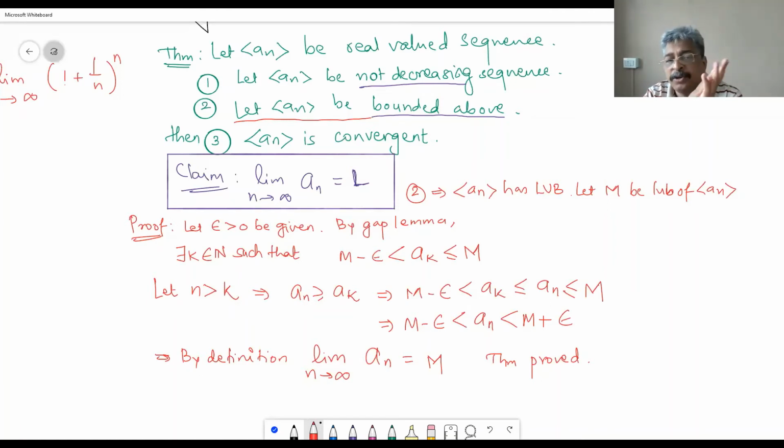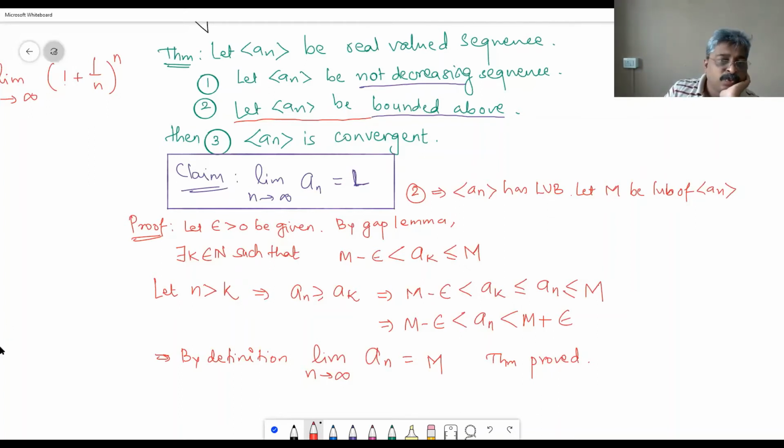That is what we wanted to prove when we said limit n tends to infinity of an is equal to M. So this is very important. It is a non-decreasing sequence and is bounded above, therefore it is convergent.